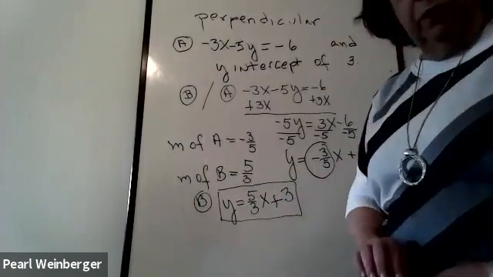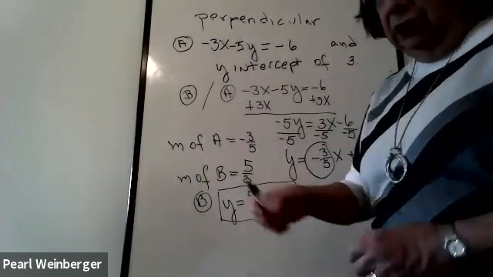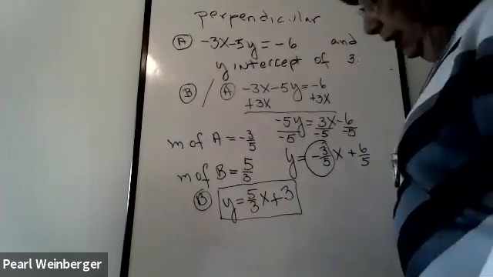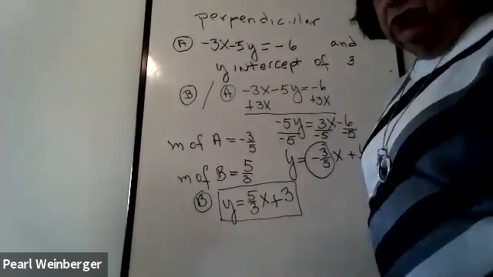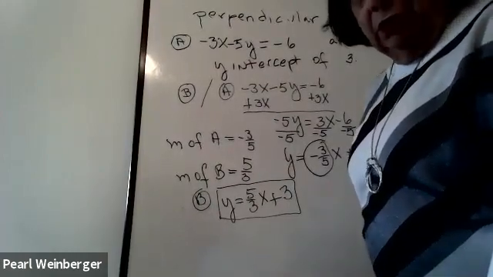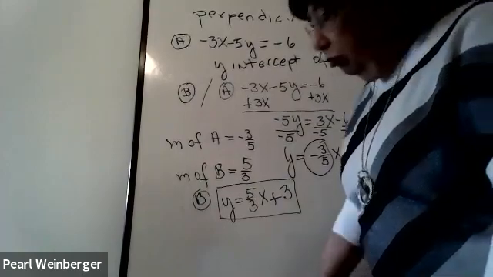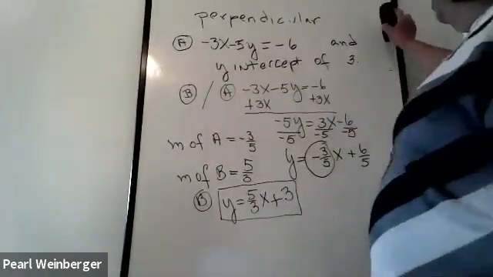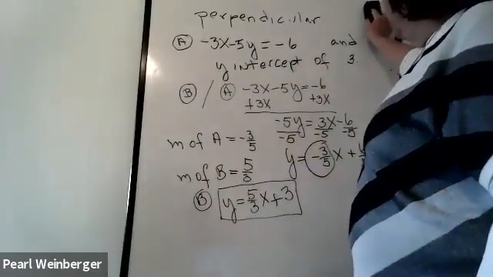Okay, the only other thing that we might be asked has to do with two special kinds of lines. The lines that are either horizontal or vertical lines. Let's just review that, and then I'll give you time to ask any questions.